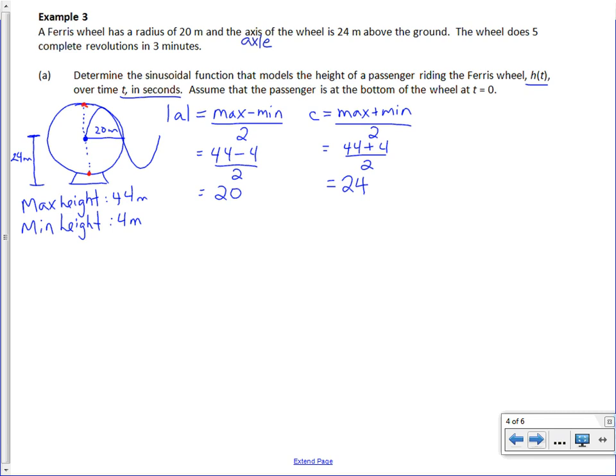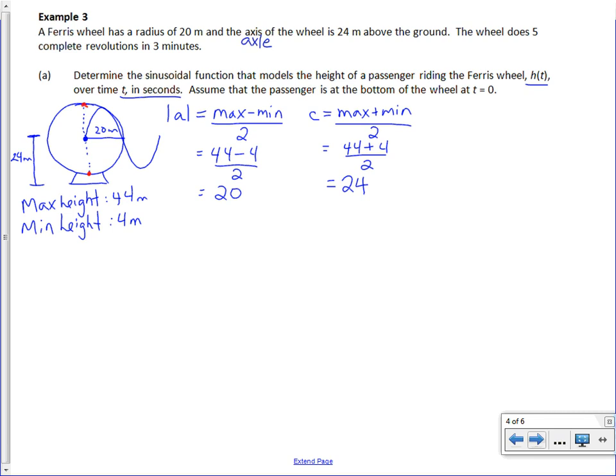So should I do 5 divided by 3 or 3 divided by 5? 5 revolutions in 3 minutes. If I do 5 divided by 3, that's 5 revolutions over 3 minutes, which gives revolutions per minute. Is that the length of one revolution? If you do 3 divided by 5, that's minutes per revolution.